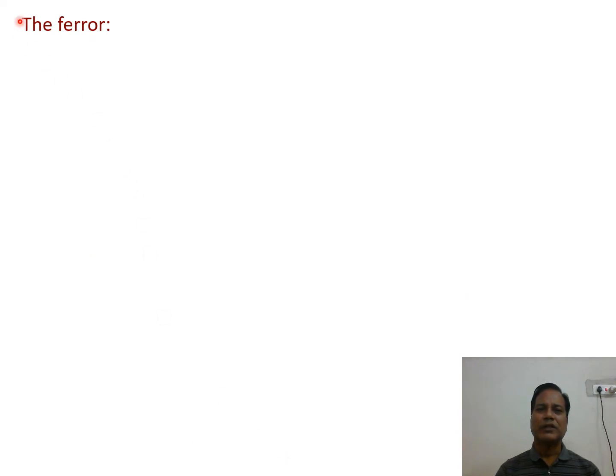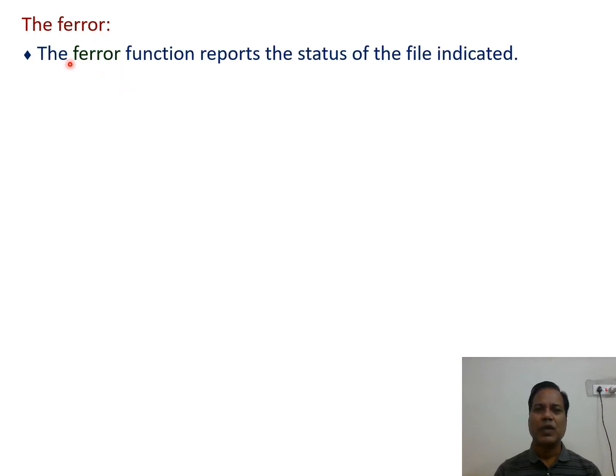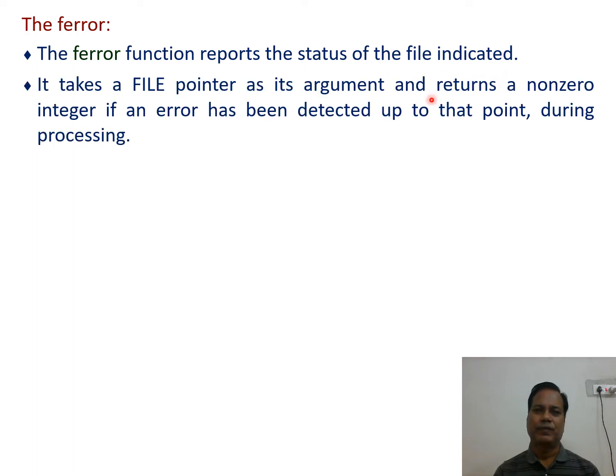Now let us discuss the ferror function. The ferror function reports the status of the file indicated. It takes a file pointer as its argument and returns a non-zero integer if an error has been detected up to that point during the processing.